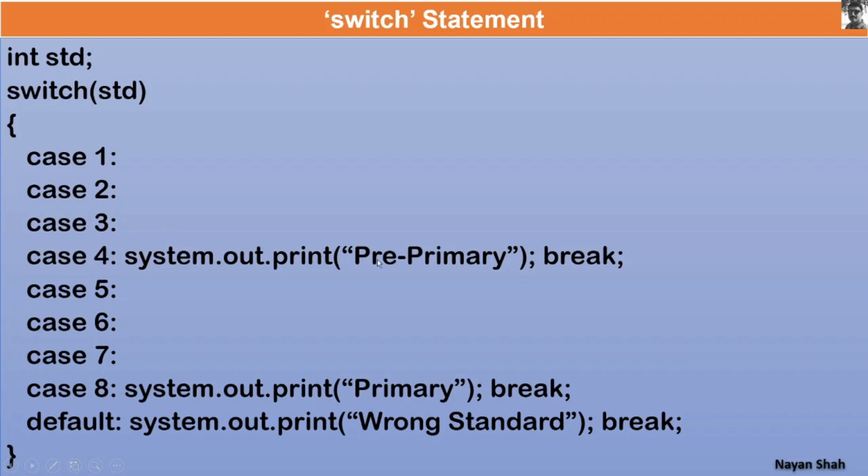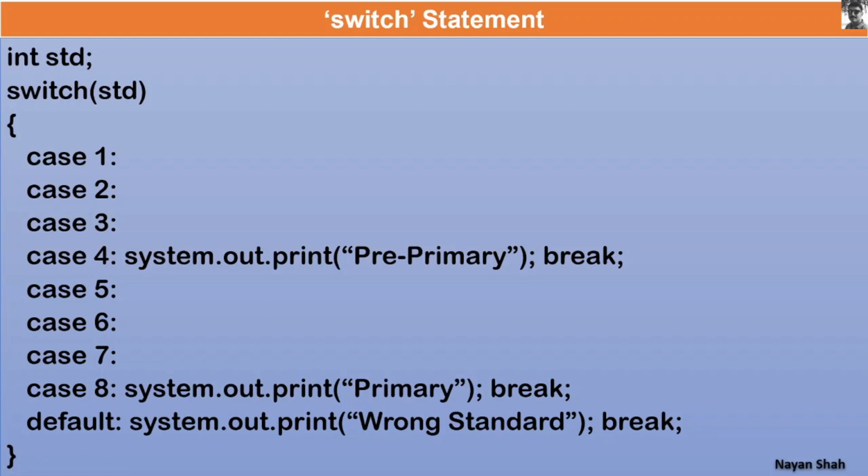There is something written, it will print pre-primary, and then there is a break, so the switch statement gets over. Similarly, if the value of standard is 5, it will come here, no break, goes to 6, again no break, goes to 7, again no break, goes to 8, prints primary and break. And if I enter anything other than 1 to 8, it will go to default and print wrong standard and break. So that is how sometimes we can avoid break.